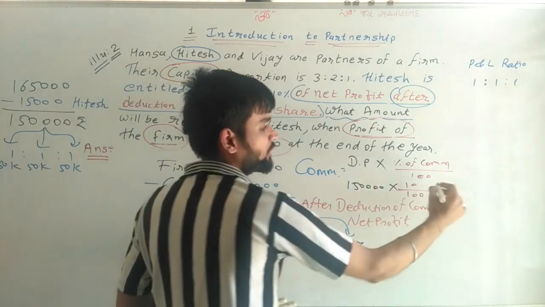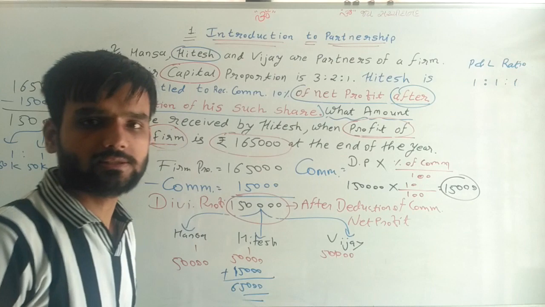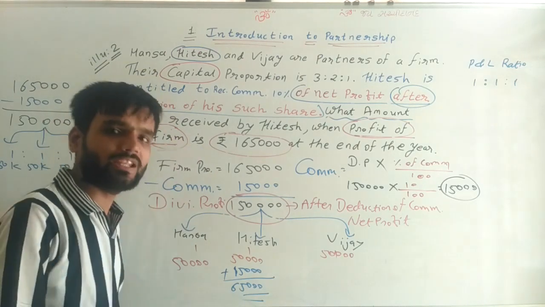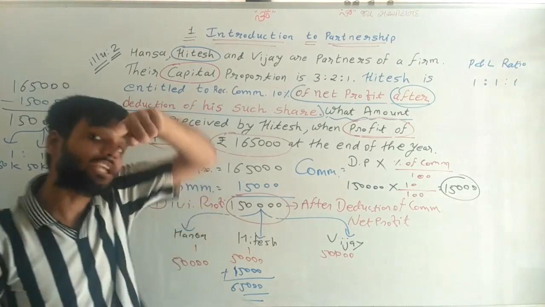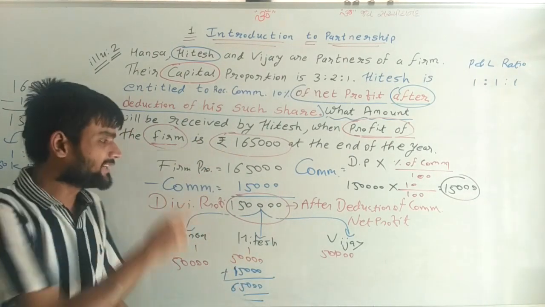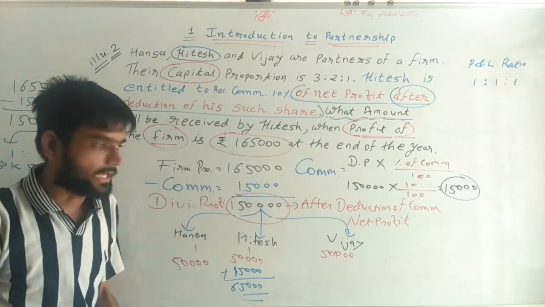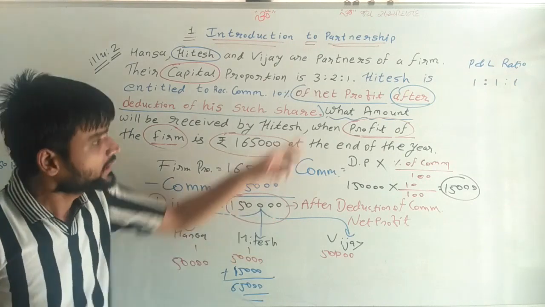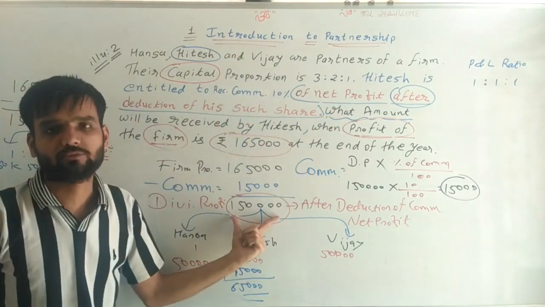You will get the answer of commission, and that commission is 15,000 rupees. That you have already found as 15,000, because you found it on the basis of 1,65,000, which is the firm's profit, which includes commission. And this is after deduction of commission, 10% of what? After deduction of such commission.